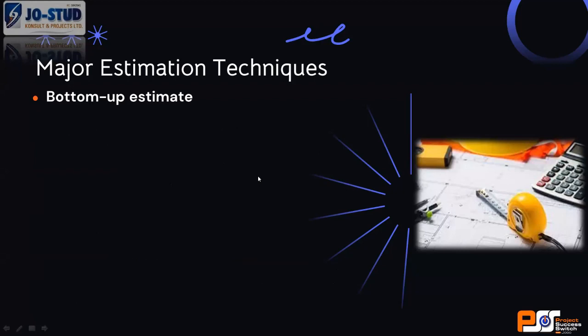And I advise every project manager, even if you are doing analogous and all that, before you mobilize to site, take your time to do bottom-up estimates. Bottom-up is what engineers do when they give you a bill of engineering measurement. We call it BEME.